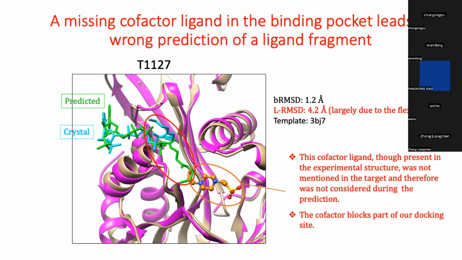So this cofactor was missing. And therefore, when we do the prediction, this tail, which is highly flexible, goes down. But in the crystal structure, because of this cofactor, the tail moved up. So the big ligand RMSD came from this region, the highly flexible tail, where the cofactor blocks part of the binding site.